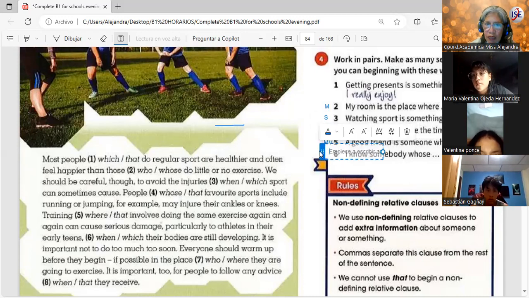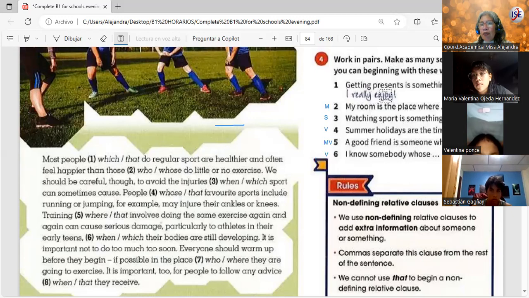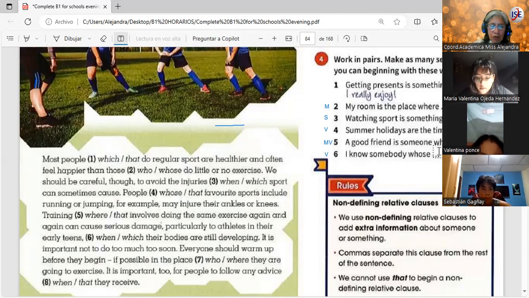You're going to complete the sentence, okay, using a clause. For example, getting presents is something which I really enjoy. Okay, I'm going to give you 2 minutes to create a sentence to complete this, with logic.